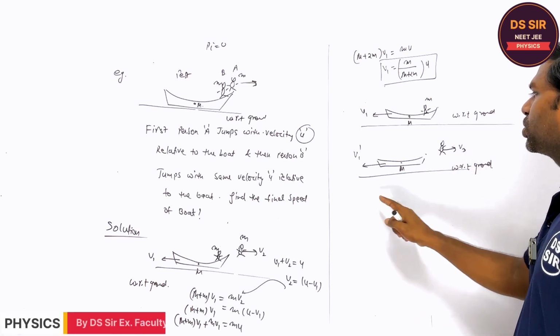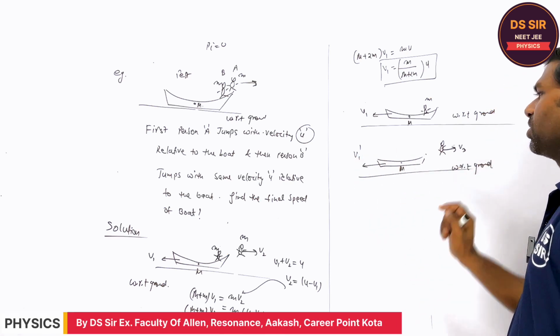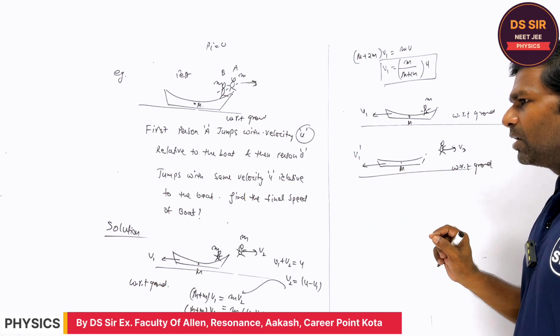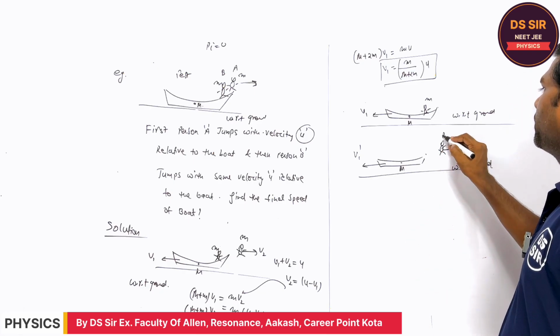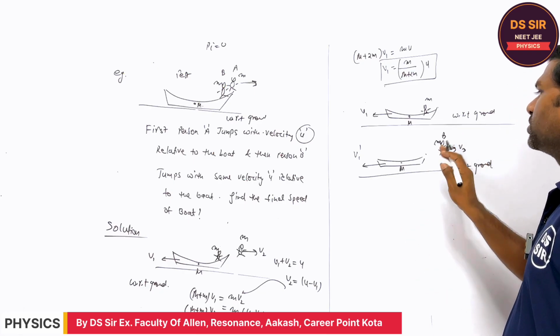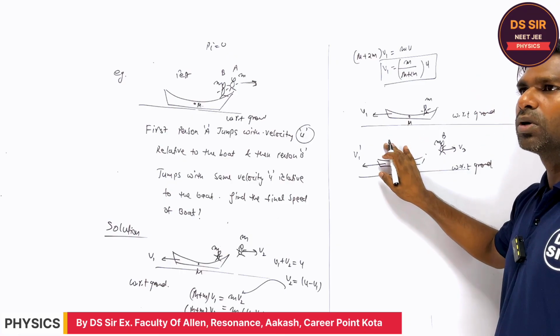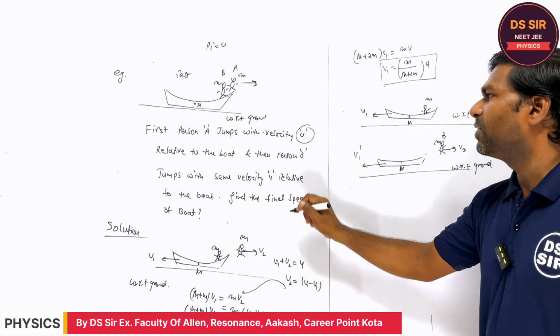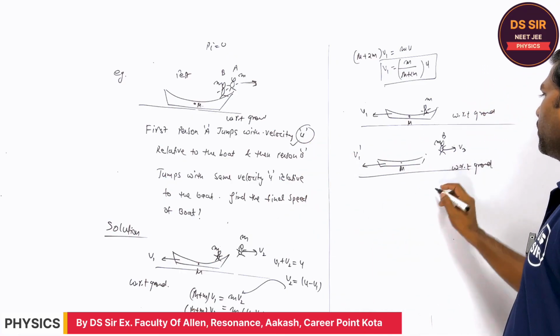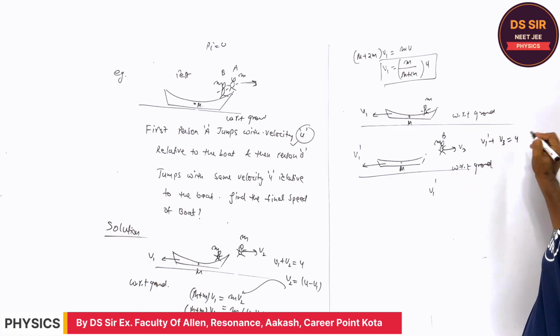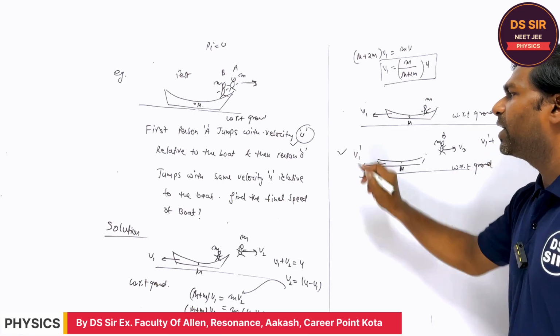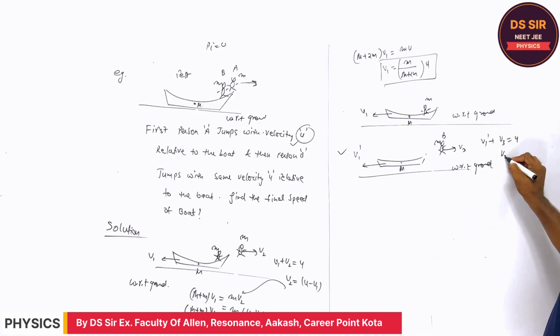And what is the relation between v1 dash and v3? u, because the person B of mass m jumps with respect to boat with relative velocity u. So therefore, v1 dash plus v3 will be equal to u. We have to find this. So therefore, the v3 value will be u minus v1 dash. Is it clear or not?